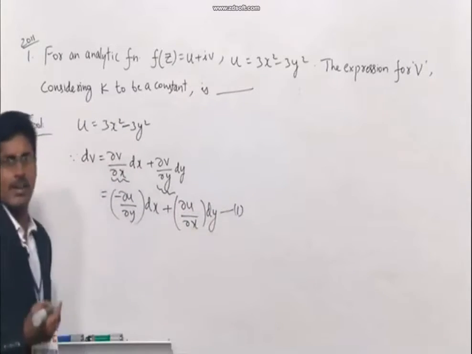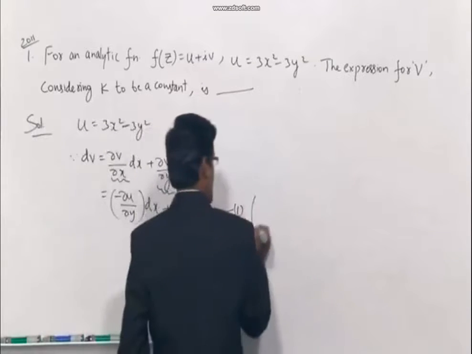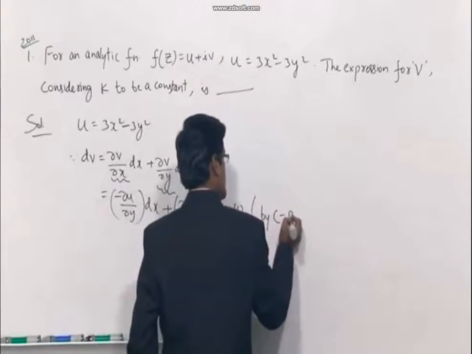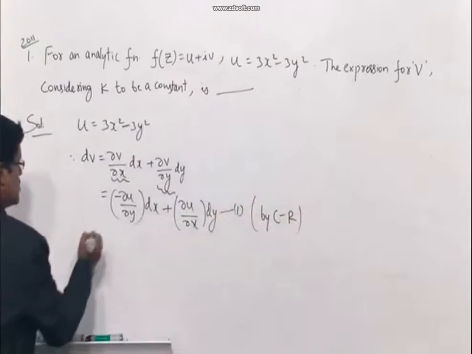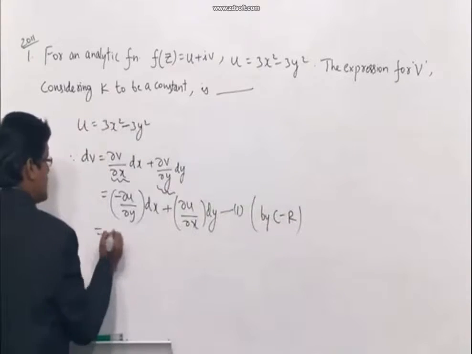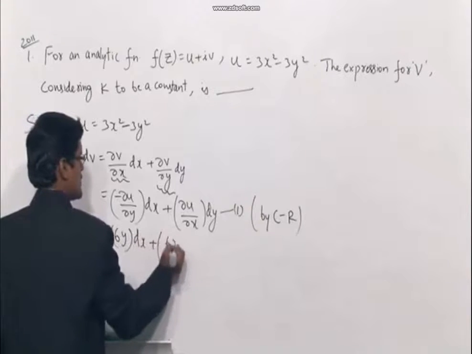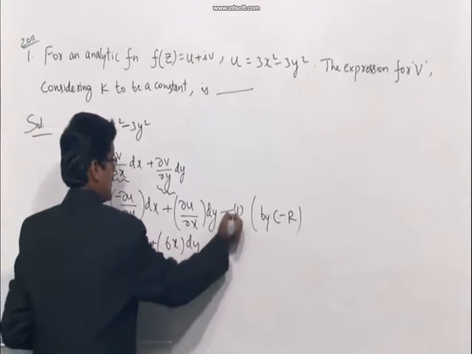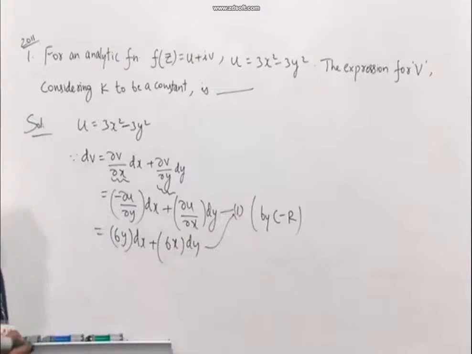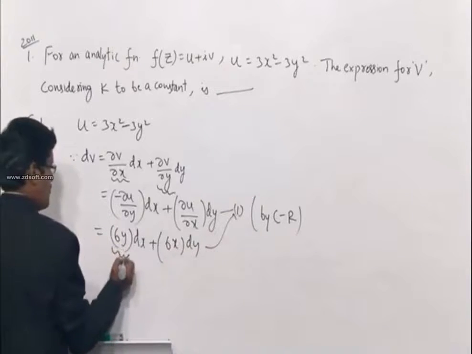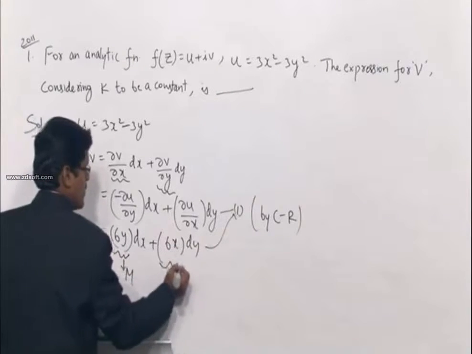This is equation 1, by the Cauchy-Riemann equations. Minus dou u by dou y is 6y times dx. Dou u by dou x is 6x into dy. Again this also you can take as equation 1. It is in the form of m into dx, n into dy.